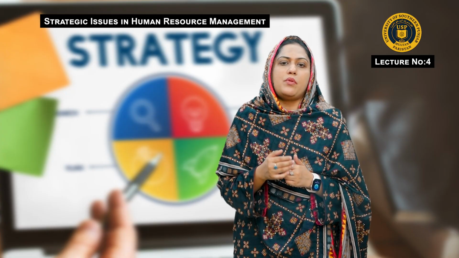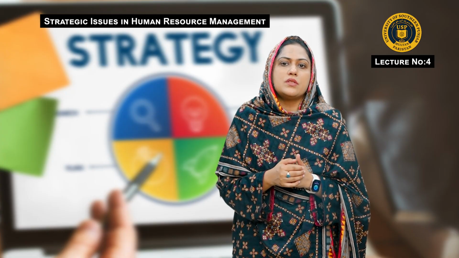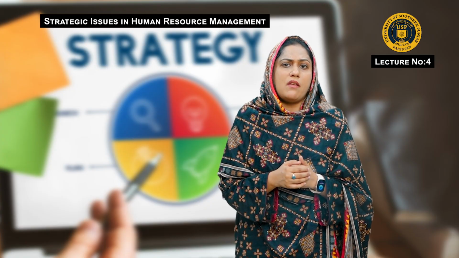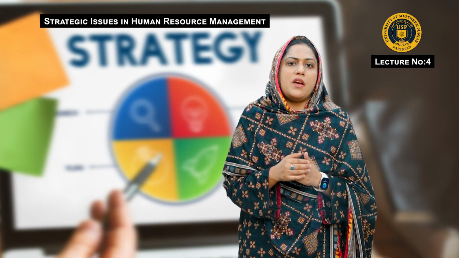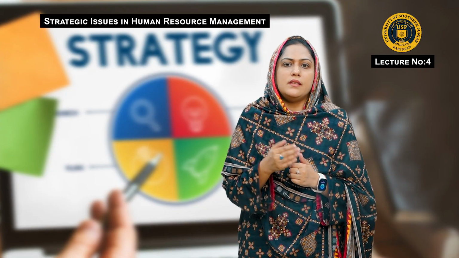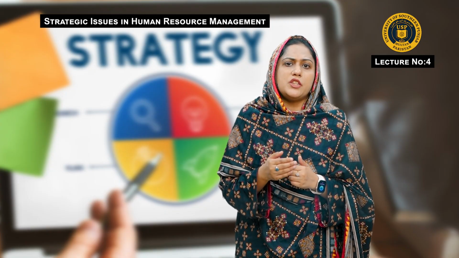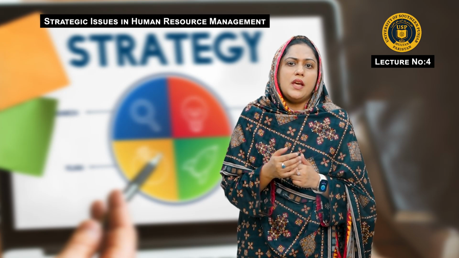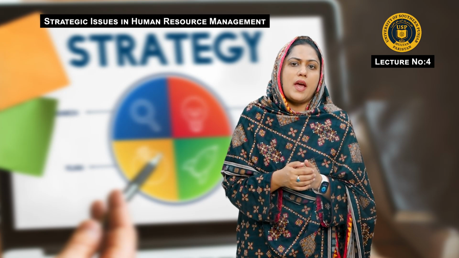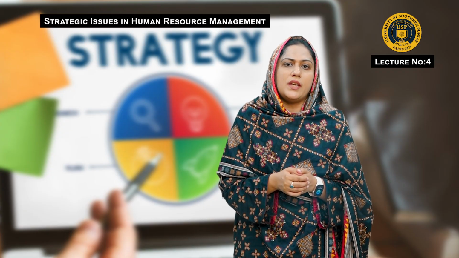Number 2, employee engagement strategy. Formulation: diagnose current engagement levels using surveys and focus groups. Identify factors affecting morale: leadership, recognition, communication. Link engagement to performance and retention metrics. Implementation: implement recognition programs, well-being initiatives, and inclusive leadership training.